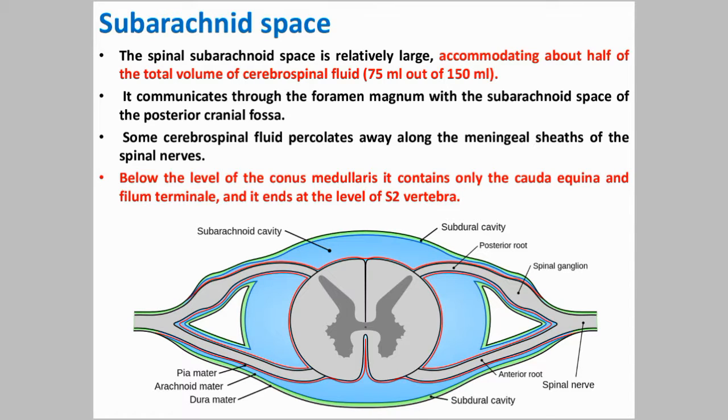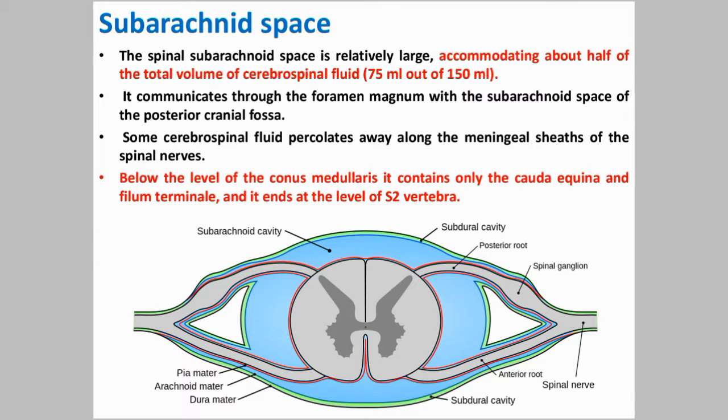We all know that the cerebrospinal fluid circulates in the subarachnoid space of the brain and the spinal cord. Half the volume of this fluid is in the subarachnoid space of the spinal cord. It communicates through the foramen magnum with the subarachnoid space of the posterior cranial fossa.